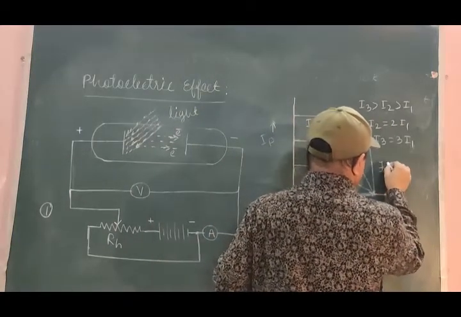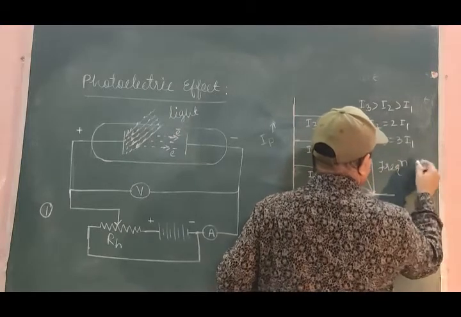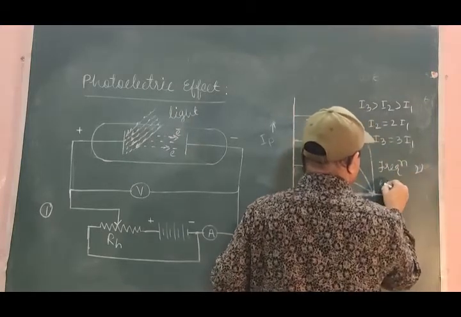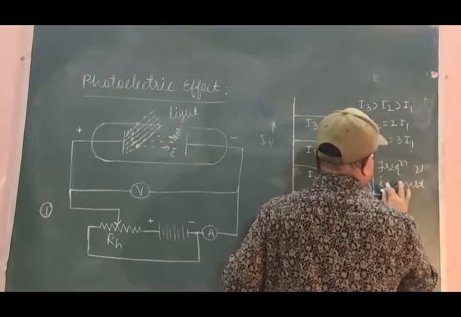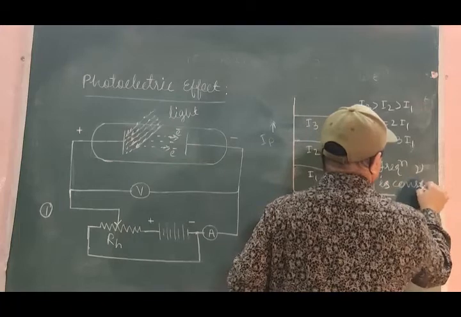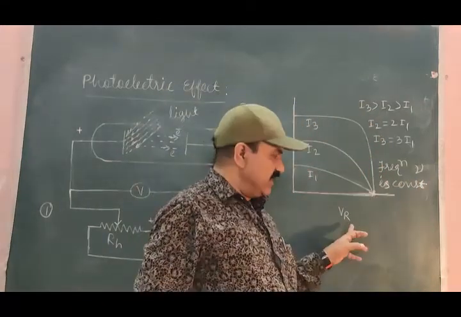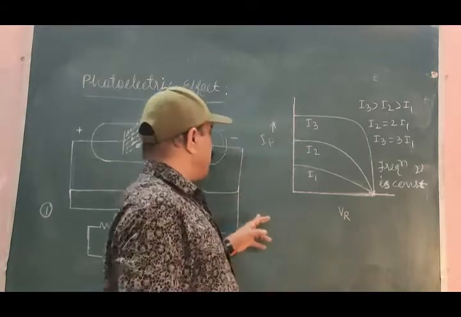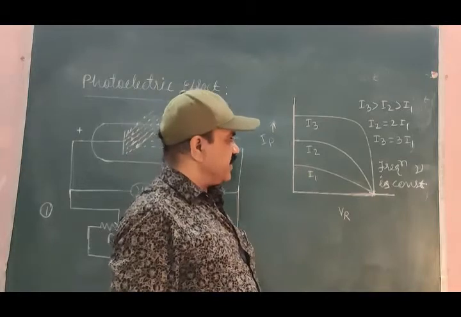Frequency nu is constant. This is the retarding or reverse potential measured by the voltmeter. This is the photoelectric current.